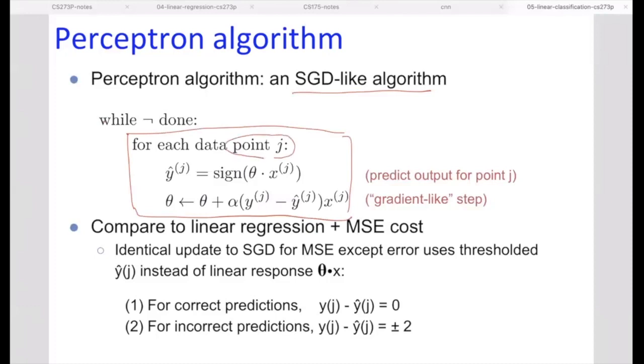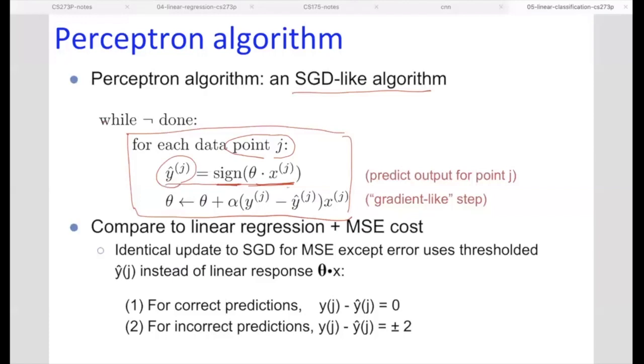For each data point, you make a prediction. You calculate the score, the dot product between the parameter and your sample. Next, you take a threshold function, simply the sign function, which gives +1 or -1. This will be your predicted label, either +1 or -1.